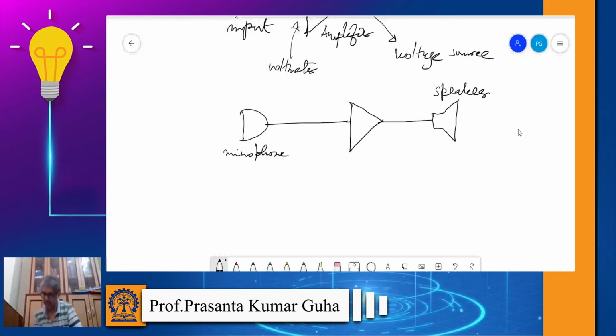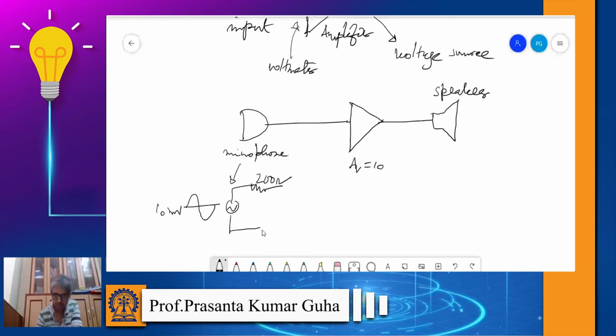Let's say that the gain of the amplifier is 10, and let's assume that the peak to peak signal of the microphone is 10 millivolt, and that the microphone has a series resistance of 200 ohm, right?